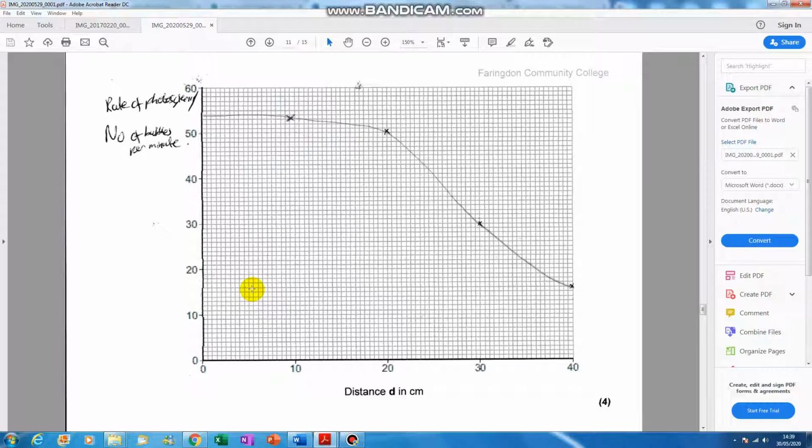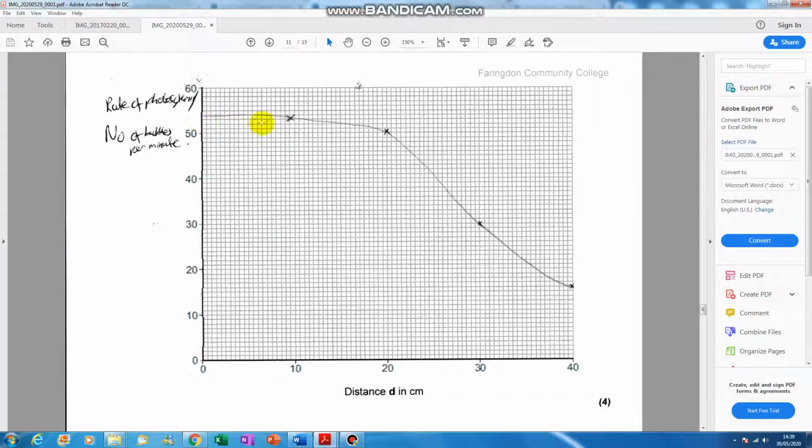So on a brief level, just using words qualitatively, if your distance is getting larger, if it's inversely proportional, your rate of photosynthesis would be going down. So as the distance is going up, the rate of photosynthesis is going down, and you can see that this is broadly happening, especially between 20 and 40 centimeters.